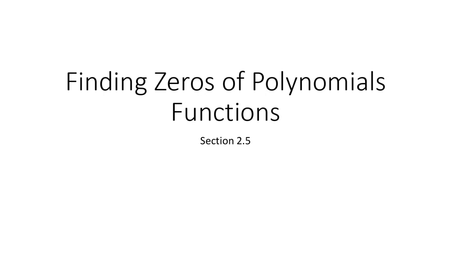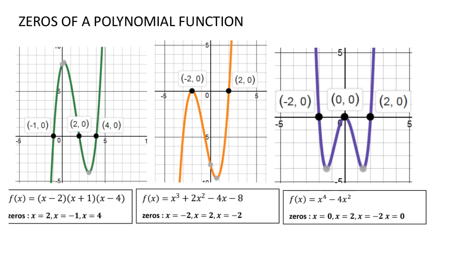So today, we'll be touching on some of those ideas. And so basically, most of the session today will be over 2.5, which is how do we find these zeros? Okay, so just a little background information. As I mentioned before, the zeros are the places where the graph is going to cross your x-axis. And so I'm circling them here.